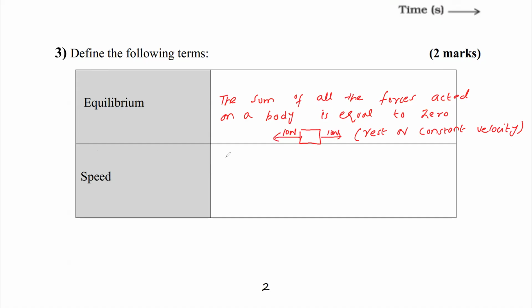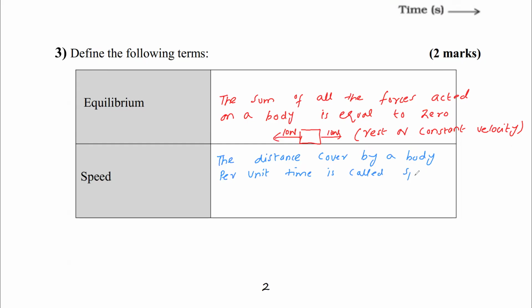The second definition is speed. What is the definition of speed? This is a simple definition: the distance covered by a body per unit time is called speed.